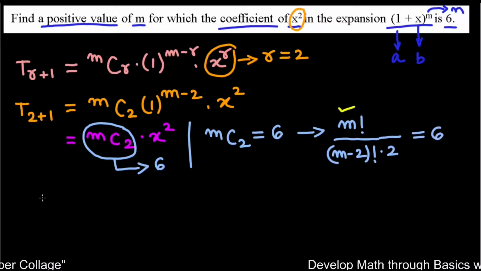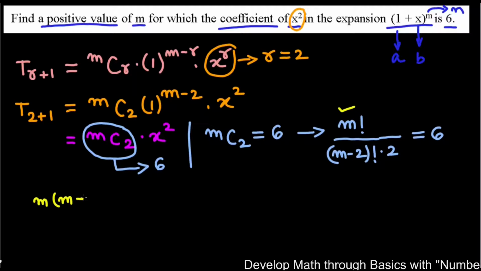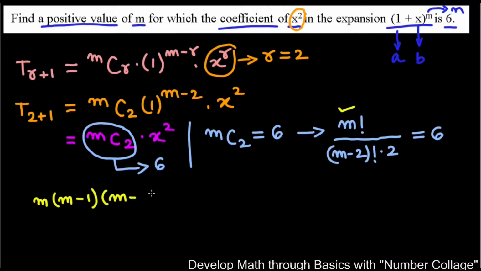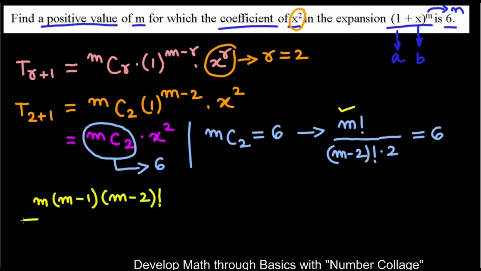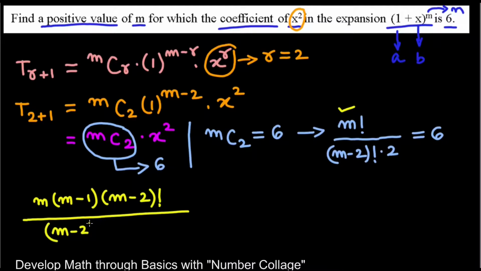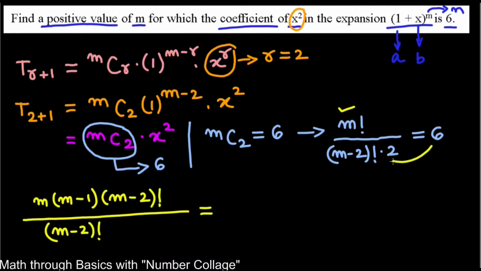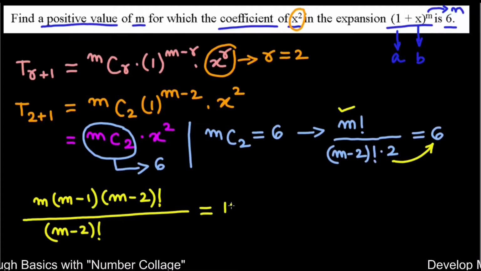This m factorial is m into (m minus 1) into (m minus 2) factorial upon (m minus 2) factorial equals 2 multiplied by 6, which will be 12.